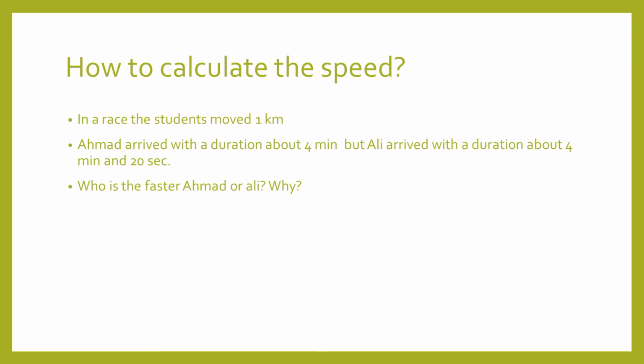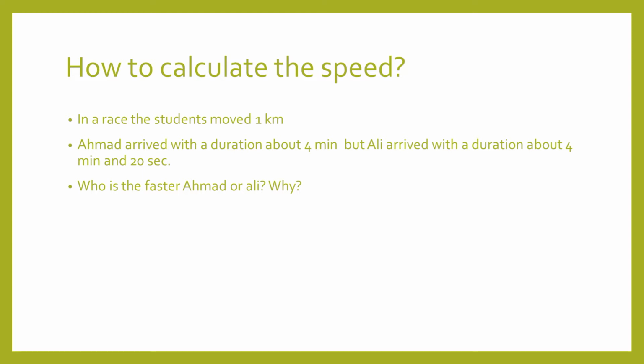So Ahmad arrived with a duration of about 4 minutes, but Ali arrived with a duration of about 4 minutes and 20 seconds. So who is the winner? The winner is Ahmad.